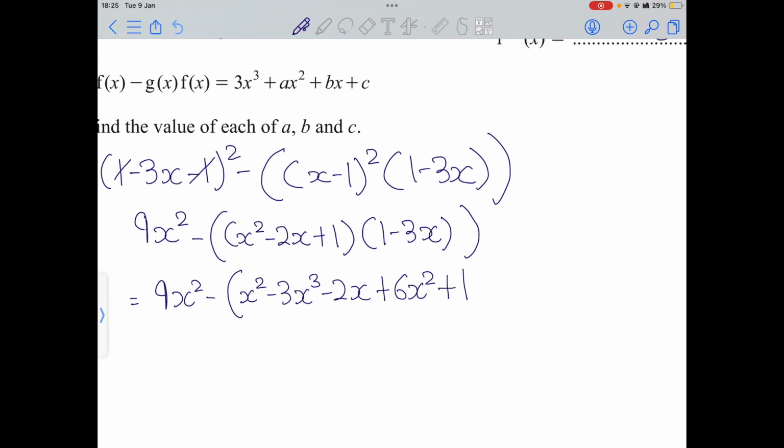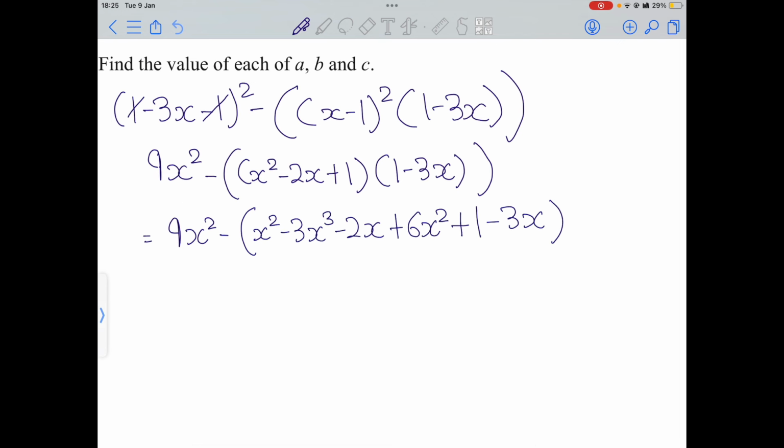Then I have 1, and then I have negative 3x. Now remember there's a negative symbol on the outside, so it will be 9x squared minus x squared plus 3x cubed plus 2x, negative 6x squared, negative 1 plus 3x.